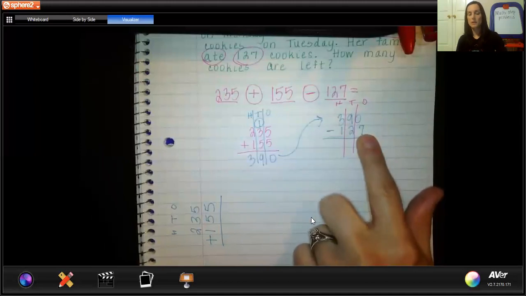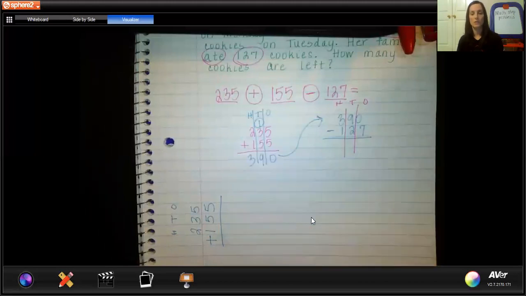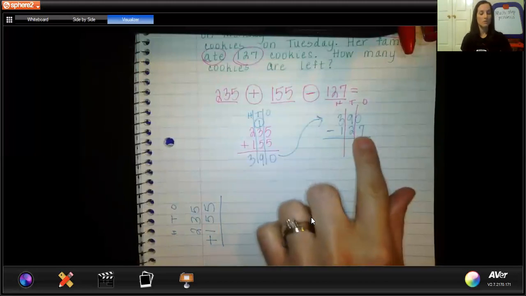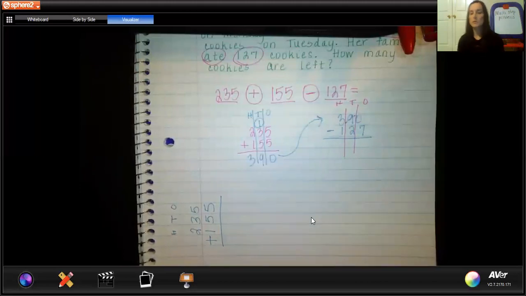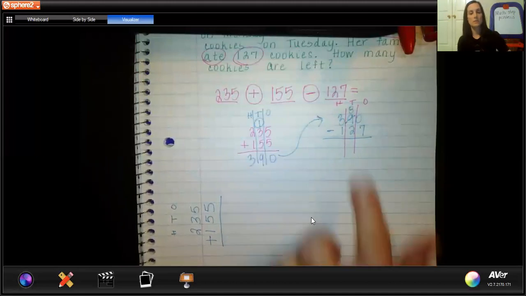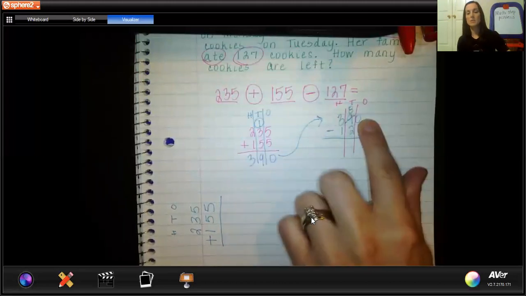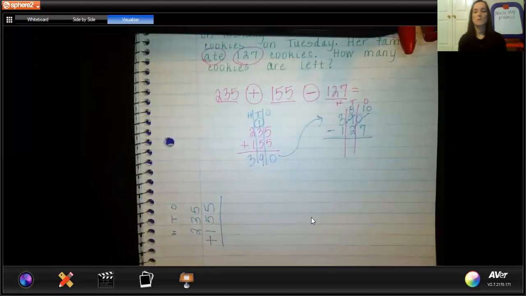So remember when the bottom number is bigger than the top number, you're going to have to go next door. Okay. So if we have more on the floor, we go next door and get 10 more. So instead of 9 tens, we're going to have 8 tens. And we're going to take that 10 and split it apart into ones. So we're just adding a 1 in front of it. So that will be 10.